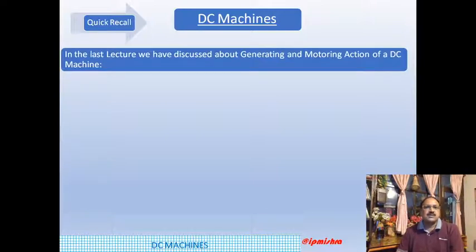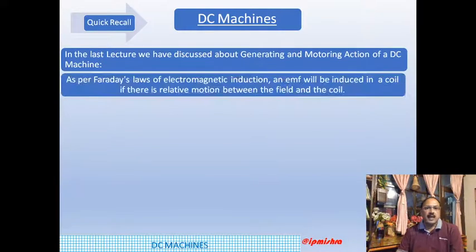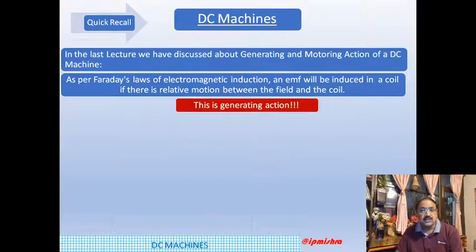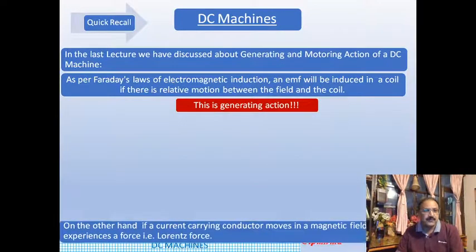In the last lecture, we have discussed about generating and motoring actions of a DC machine. As per Faraday's law of electromagnetic induction, an EMF will be induced in a coil if there is relative motion between the field and the coil. This is generating action.